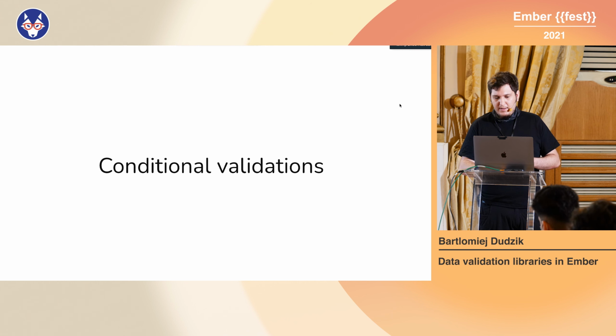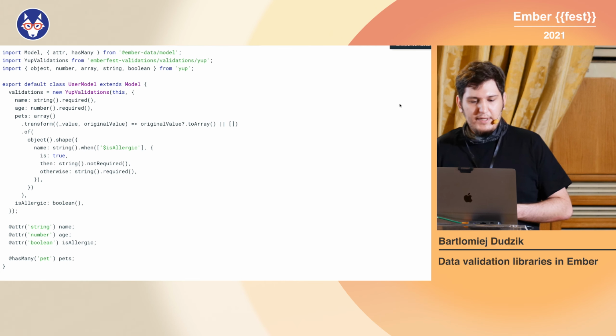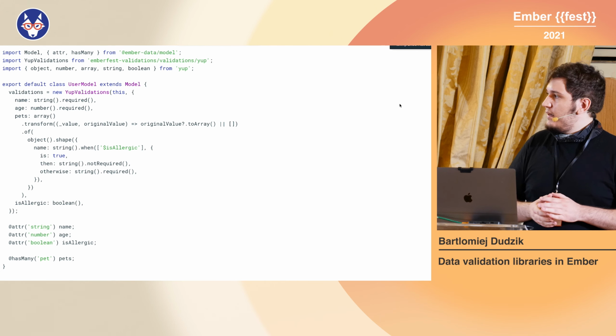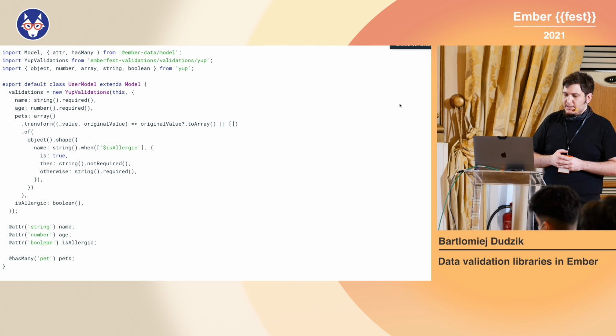And finally, we have conditional validations. So we'll reuse the inline validation now, and Yup has really nice support for conditional validating. So it has a when method which accepts a list of properties it will use in its schema or context, and then we can say that basically when a user is allergic, then the string is not required, otherwise it's required.